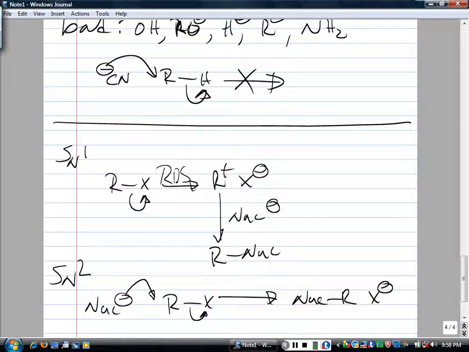But in the SN2 reaction, this R is not positive. Now it has a delta plus charge because the X has been pulling electrons from it, but it's only a partial positive charge, a quarter plus, a tenth plus, or whatever. So my nucleophile has to recognize a fledgling delta plus charge and attack that carbon. Now, it's even worse, because when the nucleophile in the SN1 reaction attacks the carbocation, your carbocation is already planar. Your carbocation is flat.